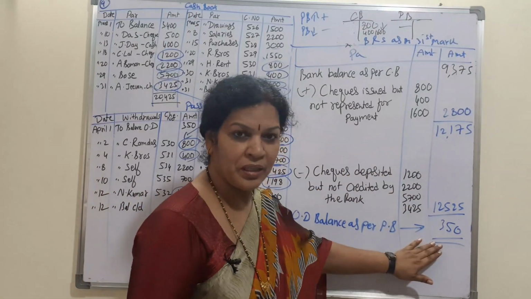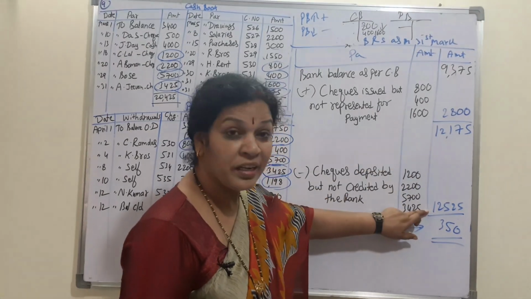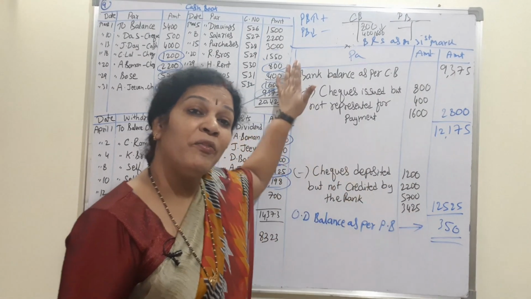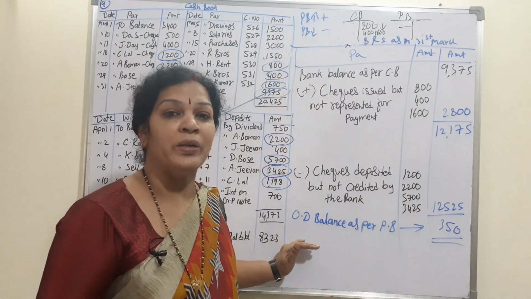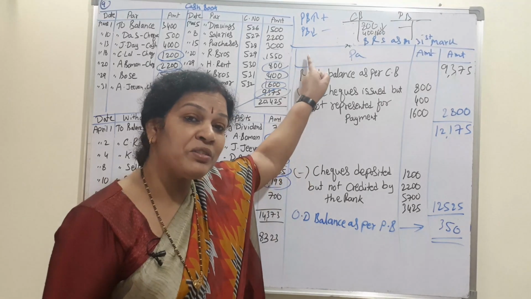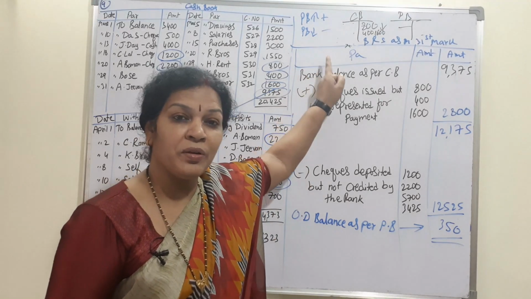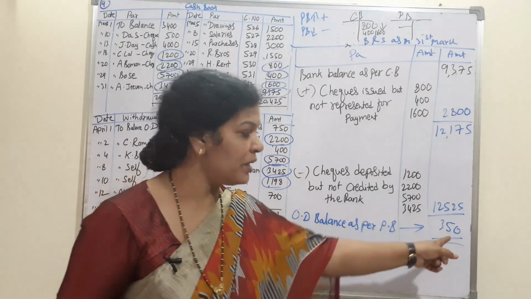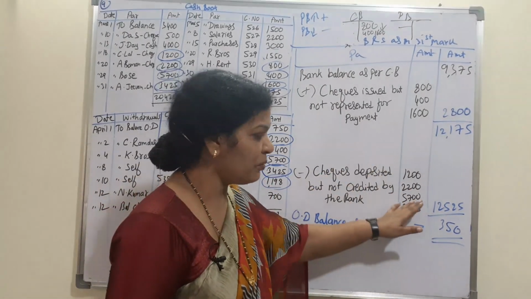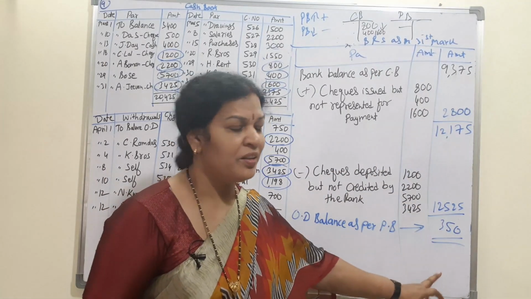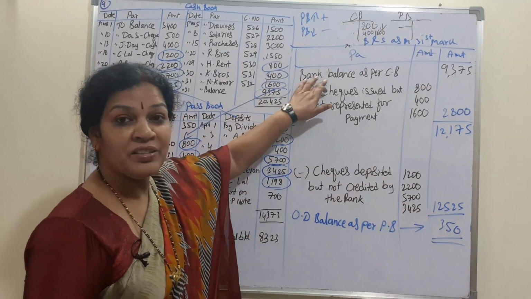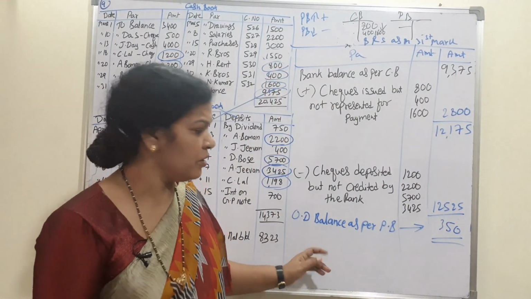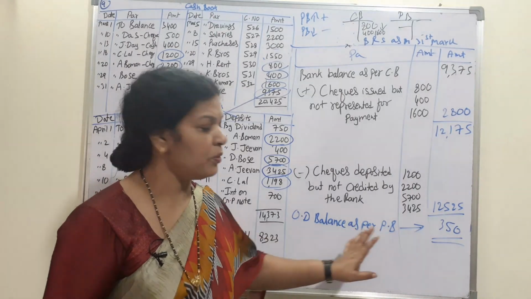Whenever you are getting a negative answer, means deducted items are more, positive items are less, then it is minus value. Minus value means favorable balance turns into overdraft. If we could have started with the negative, that is overdraft balance, then this would be favorable balance, opposite, when you get minus value. Now here also we got the minus value, minus 350, na. So this favorable balance turns into overdraft balance, opposite, book only, always book is opposite. So overdraft balance as per the passbook 350.